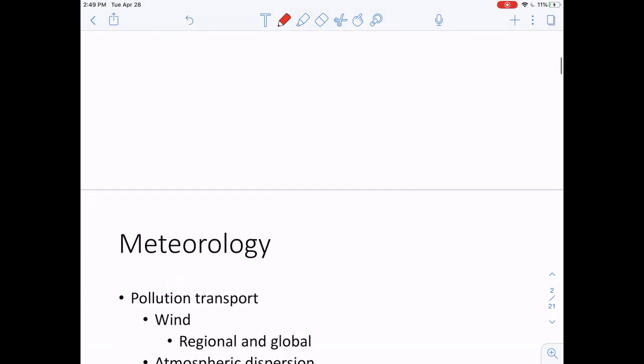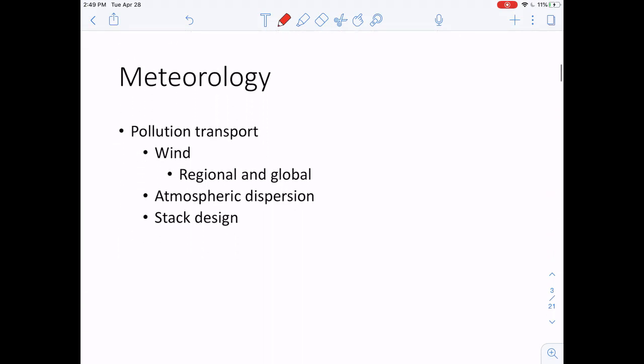Okay, so in this class we're going to introduce meteorology. We introduced quite a lot on the air pollutants, but although those control methods can remove most of the air pollutants, there are still an enormous amount of air pollutants being generated from different types of industry or coal-fired power plants.